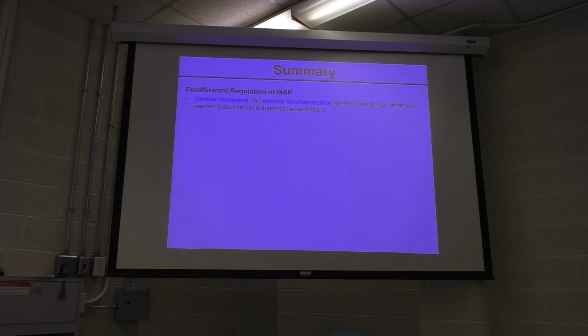So this is a summary of the last 3, which is we've got feed-forward regulation of blood pressure, so central command and muscle mechanoreflex initiate the best guess change in cardiac output and vasoconstriction. And then obviously feedback, where we've got the metaboreflexes to sense the magnitude of the metabolic stress.